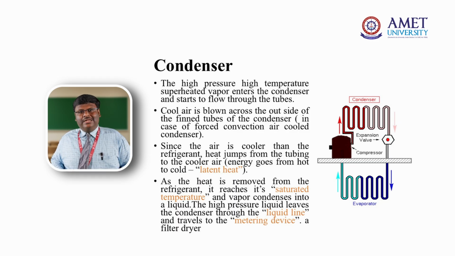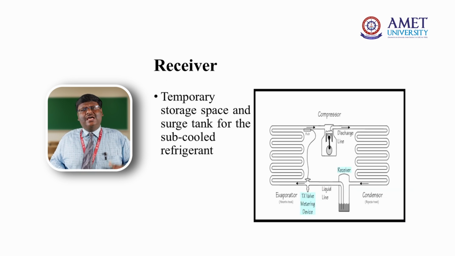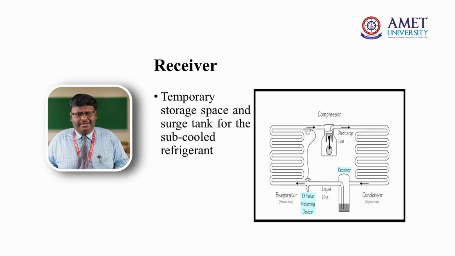At the condenser inlet and outlet, when you compare the pressures, there is no significant change in pressure. So the refrigerant which enters as a high pressure, high temperature superheated vapor leaves as a high pressure liquid. Then, if the volume of refrigerant is very high, we use a tank called a receiver tank to collect the liquid.